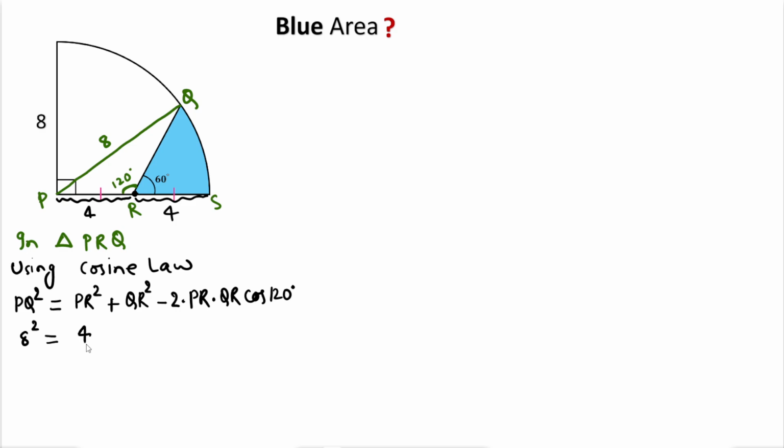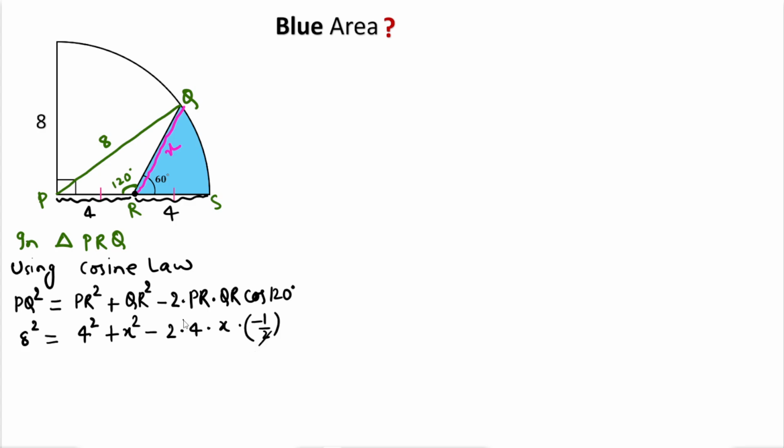PR is 4, so we will write 4 square. And here we will consider this QR length as x unit. So we can write here in place of QR, that is x square minus 2 into 4 into x into cos 120, which is minus 1 by 2.